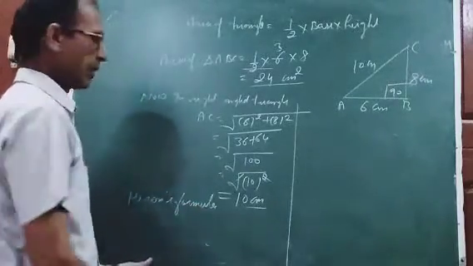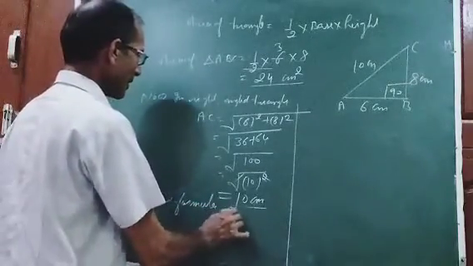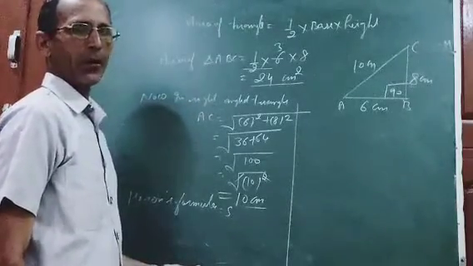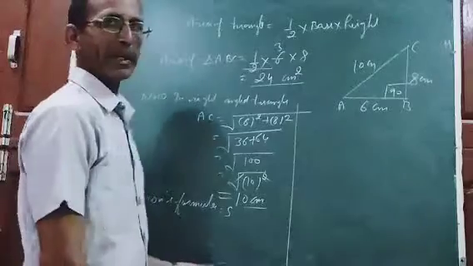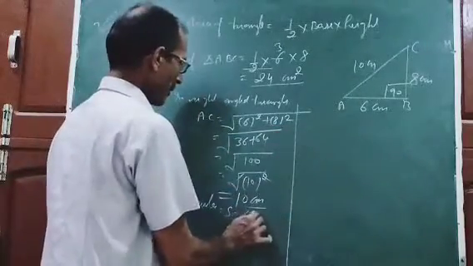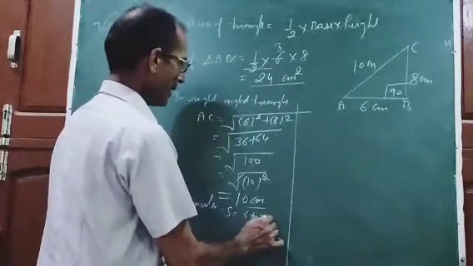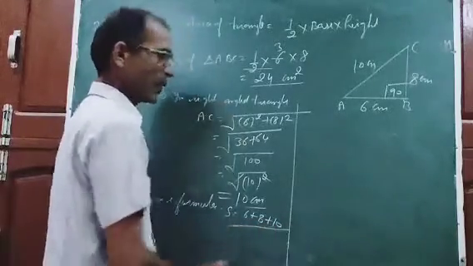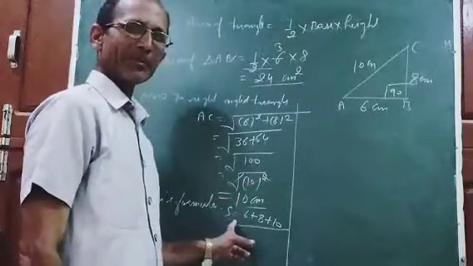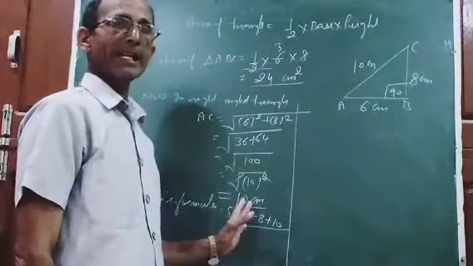What is Heron's formula? First find out S. S stands for half perimeter of a triangle. So S means 6 plus 8 plus 10. I think you are understanding what I am saying. S means half perimeter of the triangle.